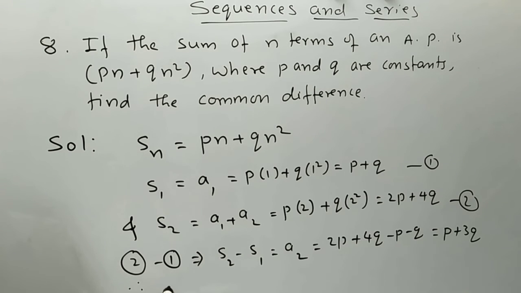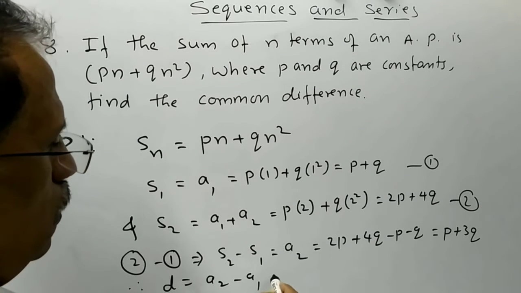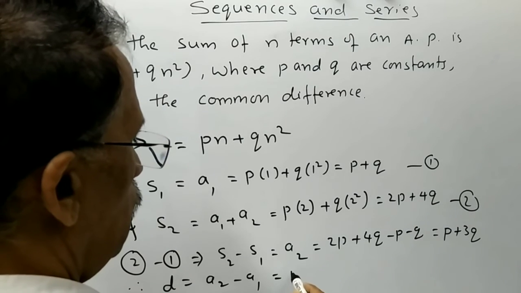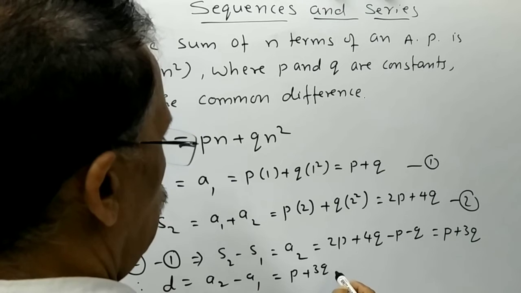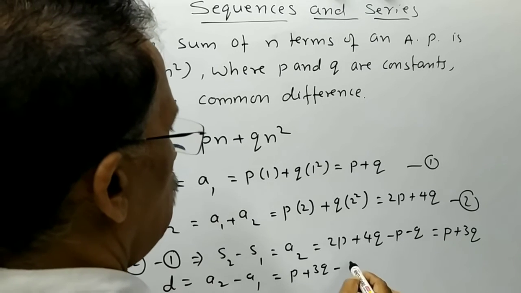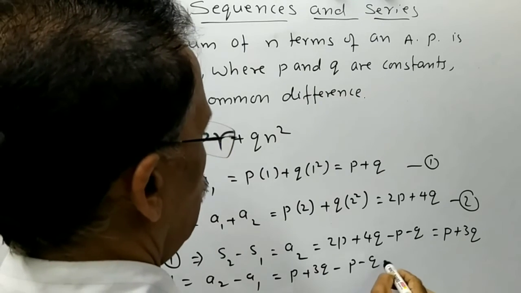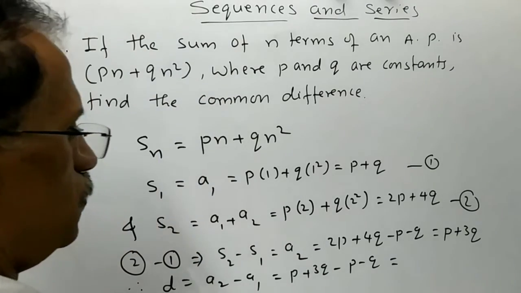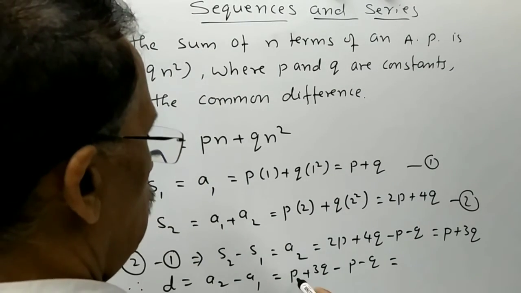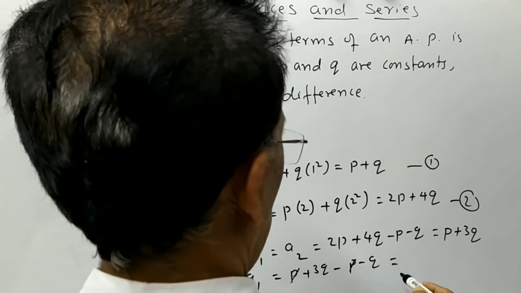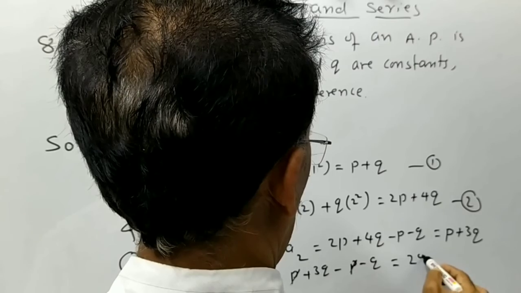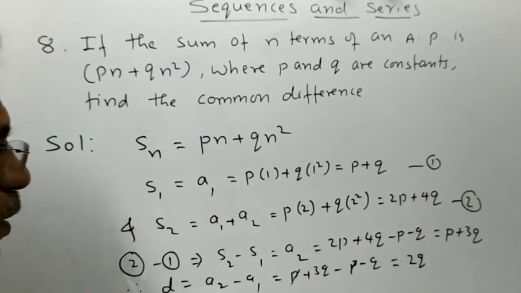Therefore, common difference d is equal to a2 minus a1 is equal to P plus 3Q minus P minus Q is equal to P and P will get cancelled. d is equal to, we get 2Q.